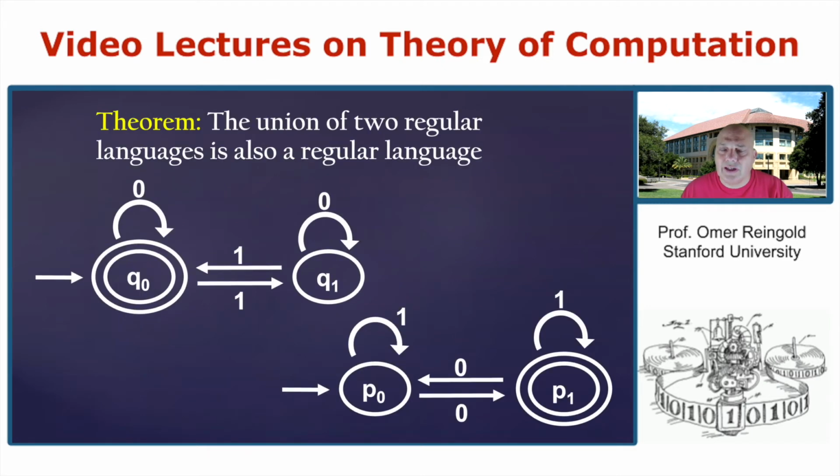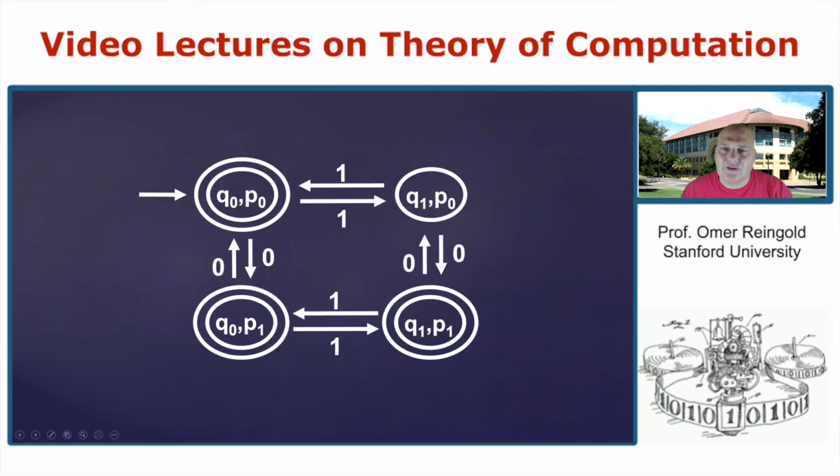So let's see this transformation on this very, very simple example. So we have M1 above and M2 below, and now we want to create M. So M will have states that are pairs of states. So Q0, Q1, and P0 and P1. So these are the states: Q0 P0, Q0 P1, Q1 P0, Q1 P1.